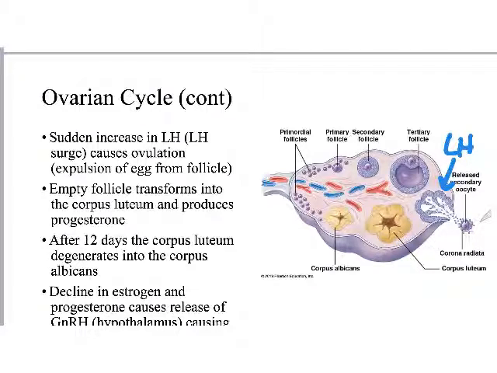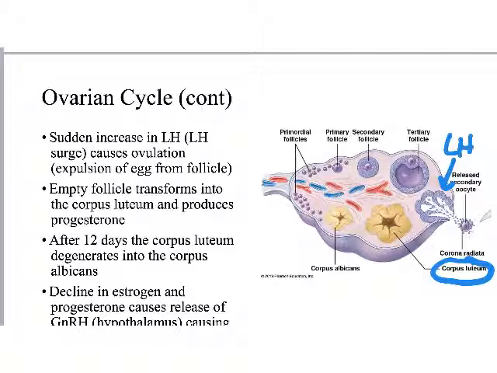And that embryo will need some support through the production of progesterone. And so the follicle that eventually ruptured and released the egg is going to turn into something called the corpus luteum. And the corpus luteum is going to produce progesterone, which is going to aid the baby.